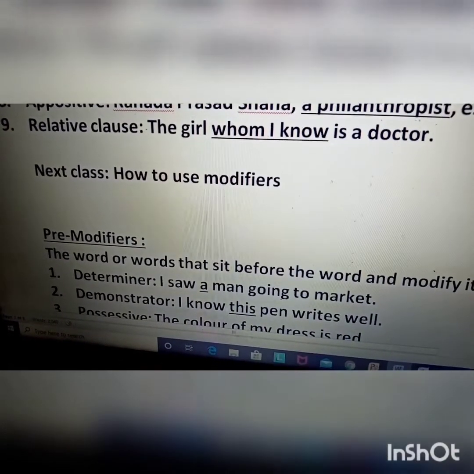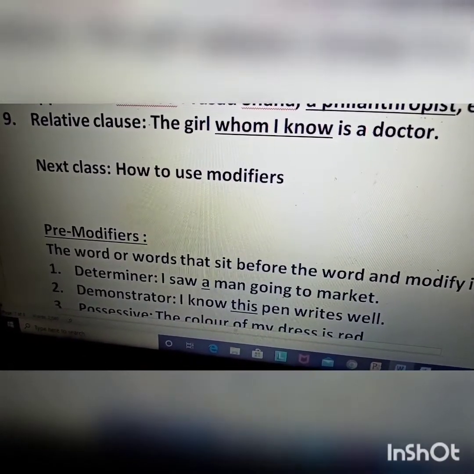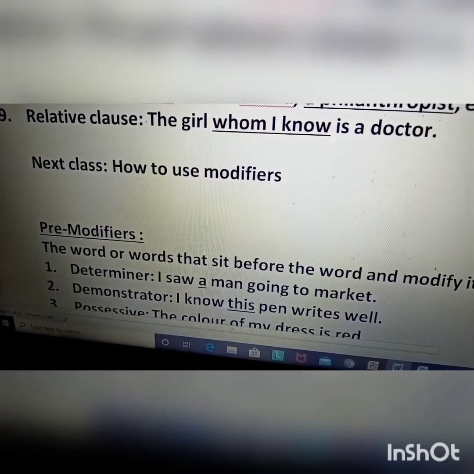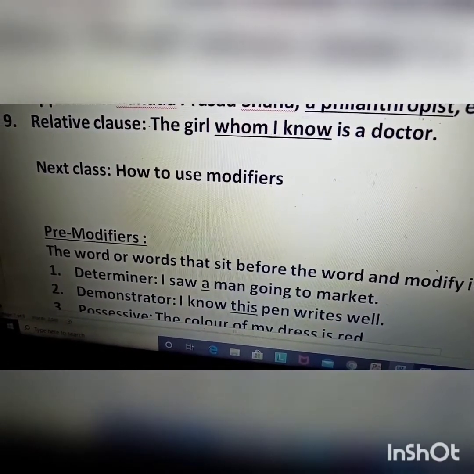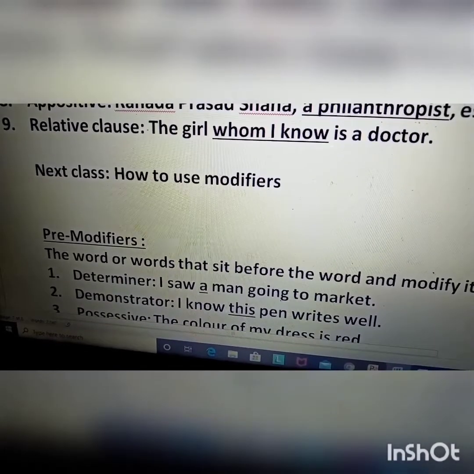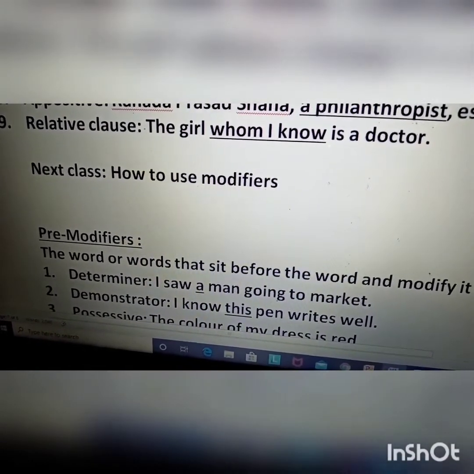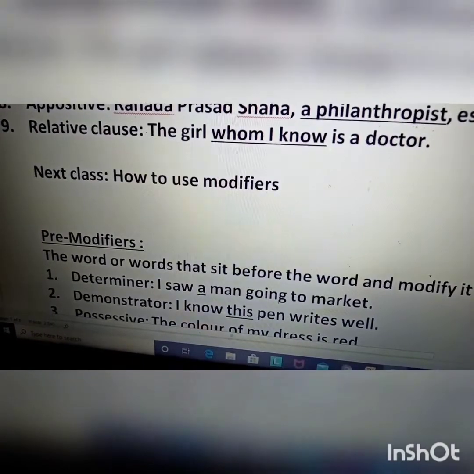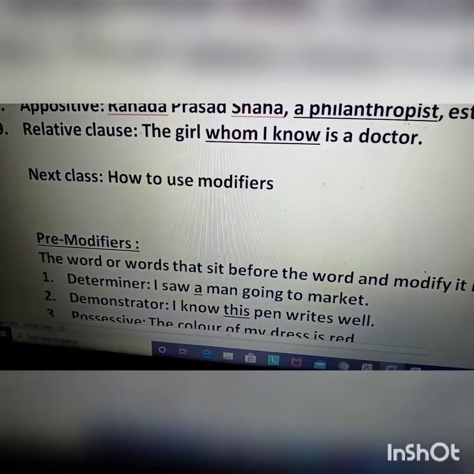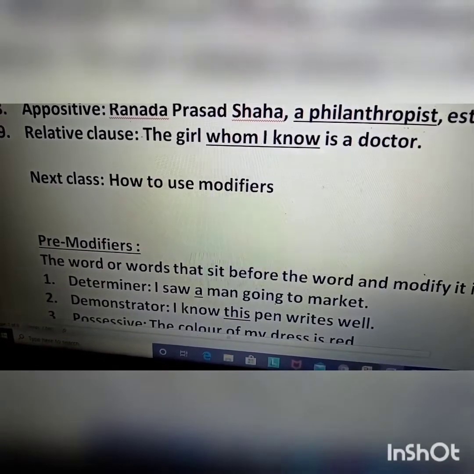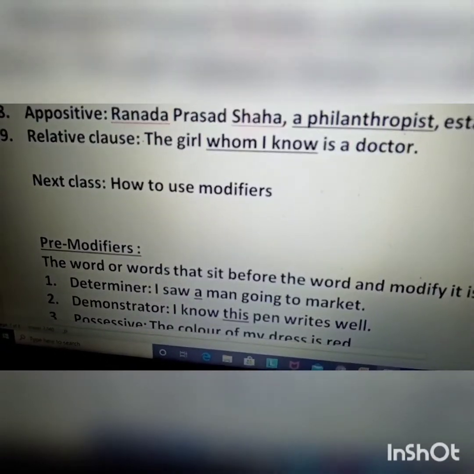Number 9, relative clause. In a clause, we have seen a subject and a finite verb. So a relative clause starts with a WH question word, and there can be seen a finite verb and a subject. So in the example, we can see the girl whom I know is a doctor.